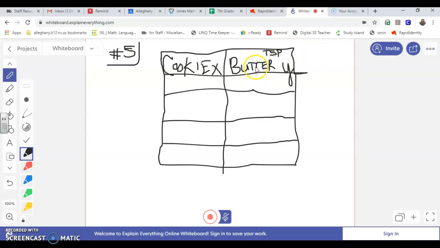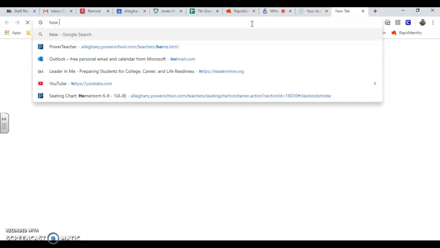So now, I'm going to add a line here, because we're going to add in a line that has our unit rate. So for 48 cookies, it takes 1 teaspoon of butter, or cup of butter. So, and now you're wondering probably, well, how many teaspoons in a cup?